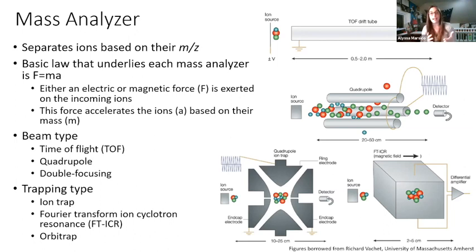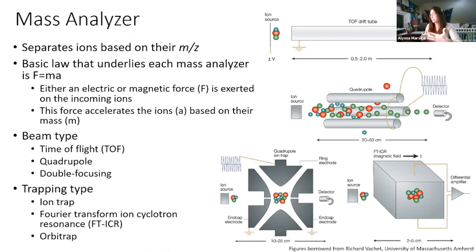The easiest one to describe, to give you an idea of how these mass analyzers work, is this top one, the time of flight. So the time of flight tube is basically just a fancy race. At the start line, we give all of our ions the same energy, the same amount of push.